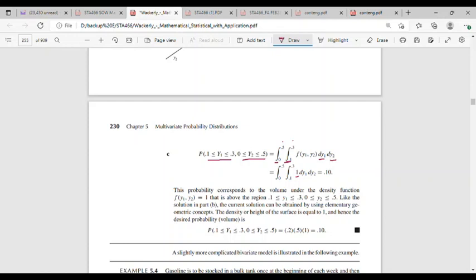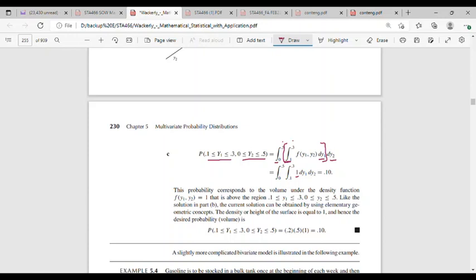First thing first, you must integrate with respect to y1 first, doing it one by one. Integrate first with respect to y1 and complete it, and only then integrate again with respect to y2.